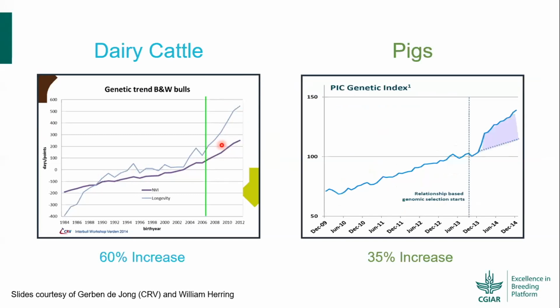You can also see in the figure on the right the genetic trend for the index that is used in pigs at PIC, the swine division of Genus, a British-based company. They were having this trend, and when they started using genomic selection, the first cycle, when the results were coming out, they had a 35% increase.